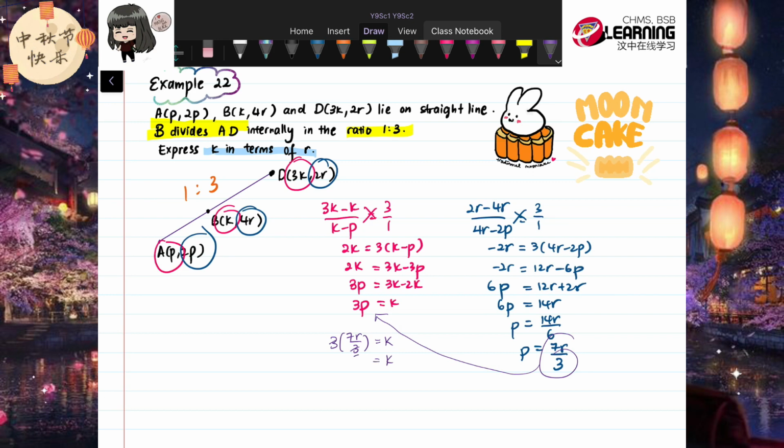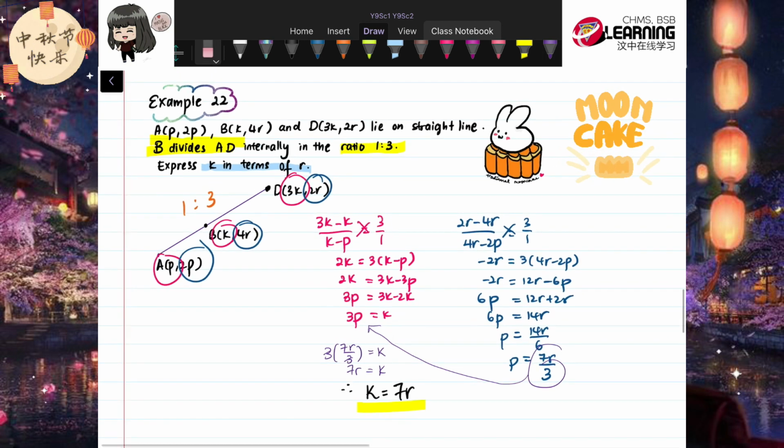So your k is equals to 7r. So therefore, express k in terms of r. So k is equals to 7r. Done. Okay, k in terms of r means you make k as subject and your r is in your answer there. Okay, so that's for example 22.